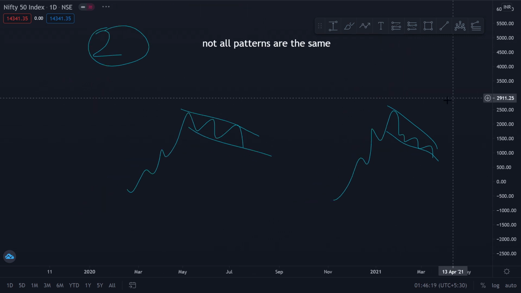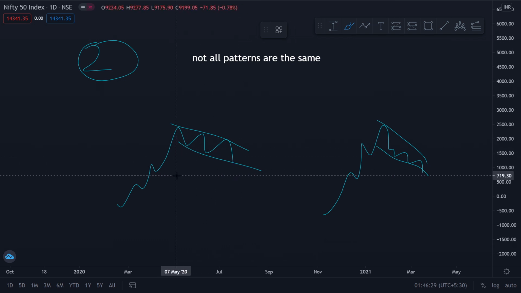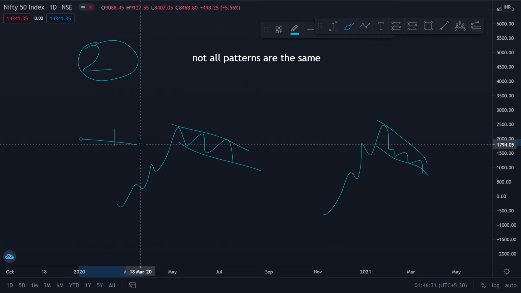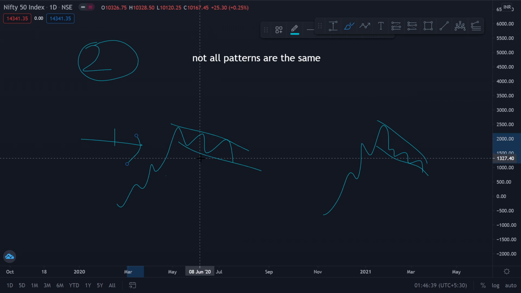Which structure has a better probability of breaking on the higher side and going up? Obviously it would be the first one. That is because the rate of decrease is slow, the price is coming down slowly.